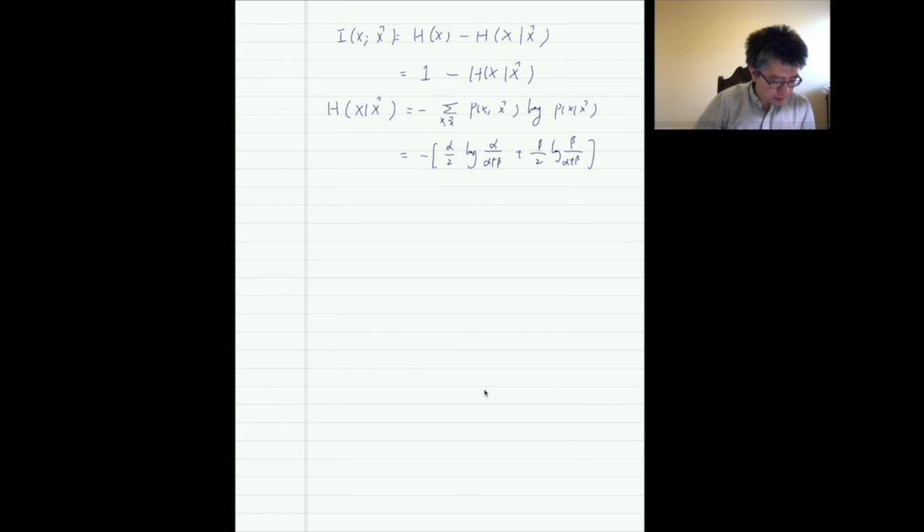Now we still have alpha and beta, two variables, which may not have any relation from this formula. We want to build a relation between them, and then maximize this term. The way to do that is to compute the distortion D, which is nothing but a summation.